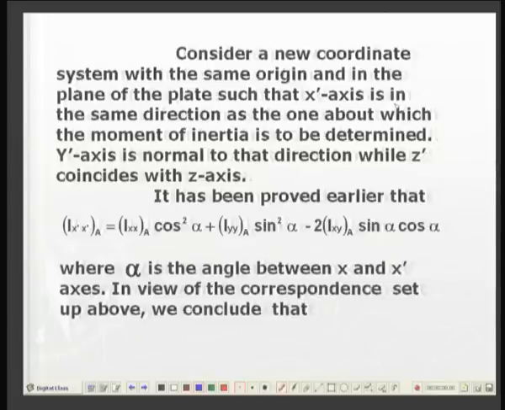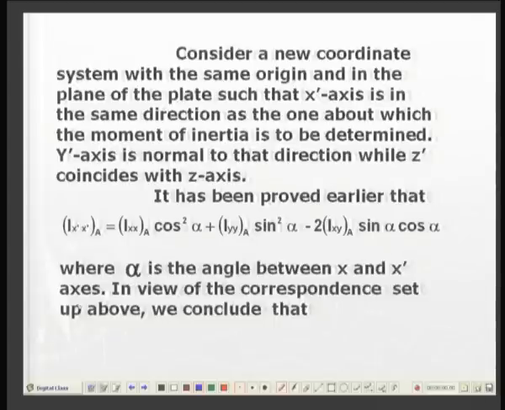It was proved earlier in, let us say, lecture 12 that the second moment of area, that is I x dash a, in the old coordinate system is related to that in the new coordinate system, where alpha is the angle between the x and x dash axis.